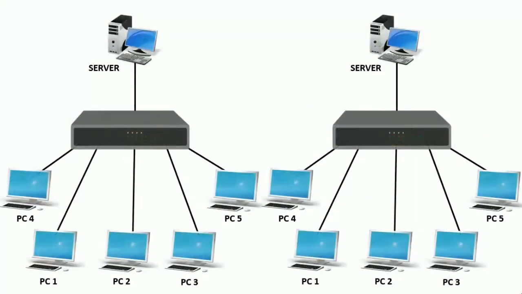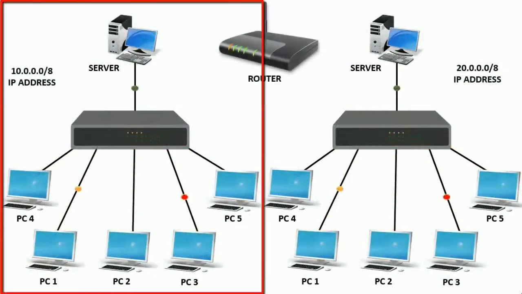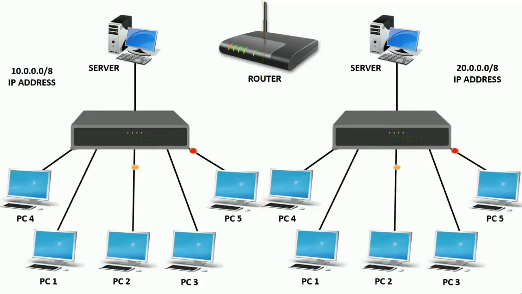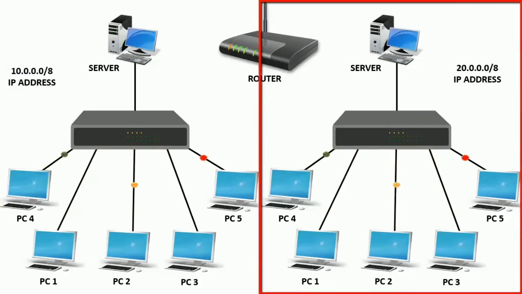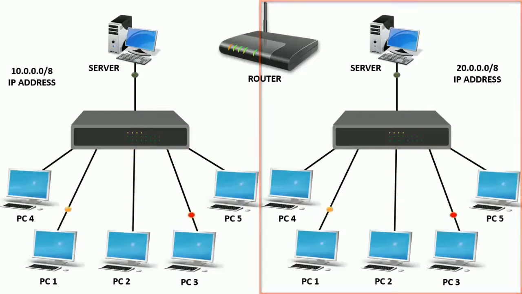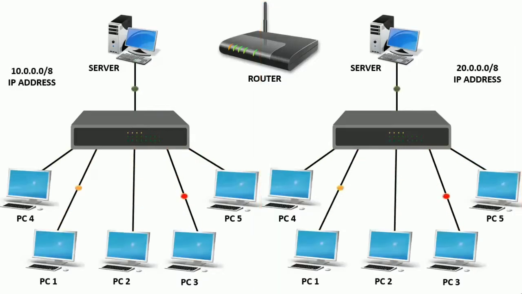Let's take another example. Here, network 1 is assigned the IP address 10.0.0.1 with the CIDR value 8 and network 2 is assigned the IP address 20.0.0.1 with the CIDR value 8. As these two are different networks, they cannot communicate with each other.